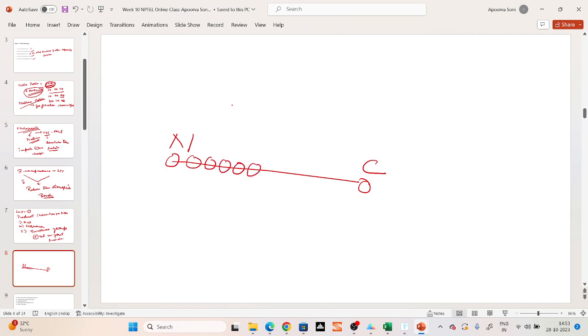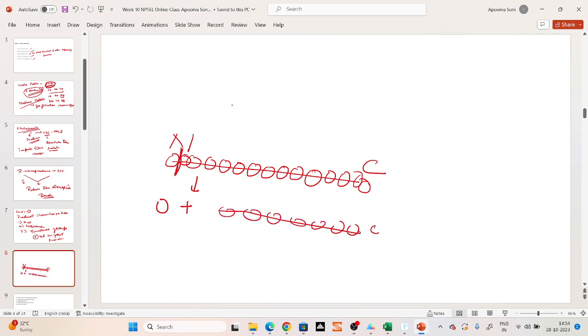Suppose these circles represent amino acids. Just for your convenience, I'm drawing it in such a manner that each circle represents one amino acid. So for the sequencing, I'll first cleave this bond. So now I have this, this is C.